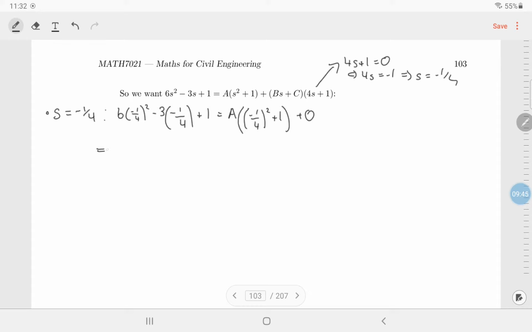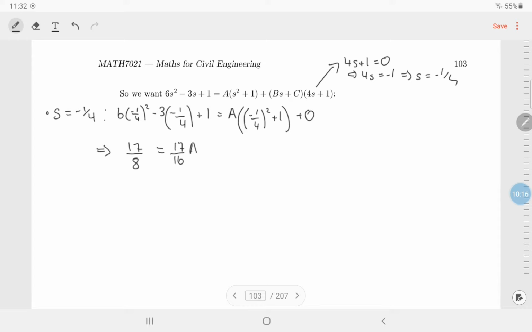Now what I'm going to do is bang into the calculator the stuff on the left hand side. So it'll be 6 by, ends up being 1 over 16 plus 3/4 plus 1 is what it ends up being, 17/8, equal to, and that other thing looks to me like possibly 17/16 times a.